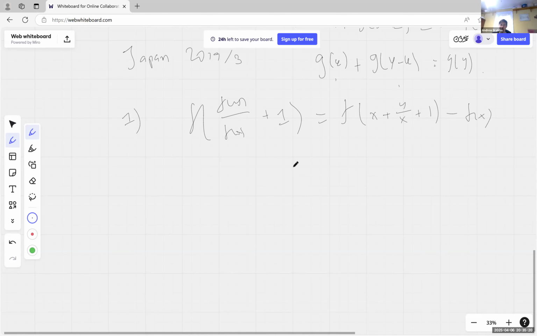Now, you might notice that this kind of looks like Cauchy's functional equation, but as far as I know, it's very difficult to use Cauchy's functional equation on this one because of the wrapped values of f.